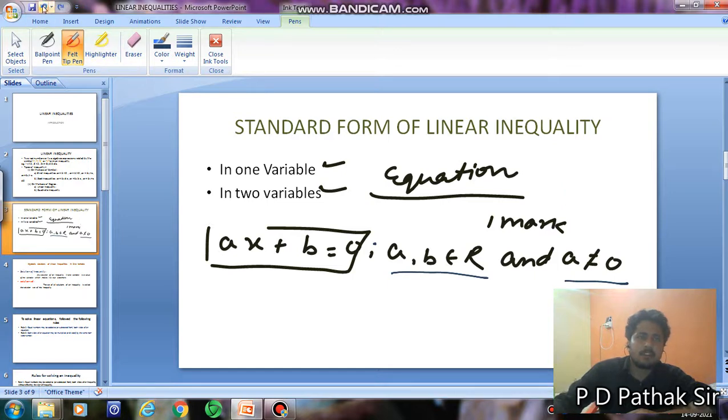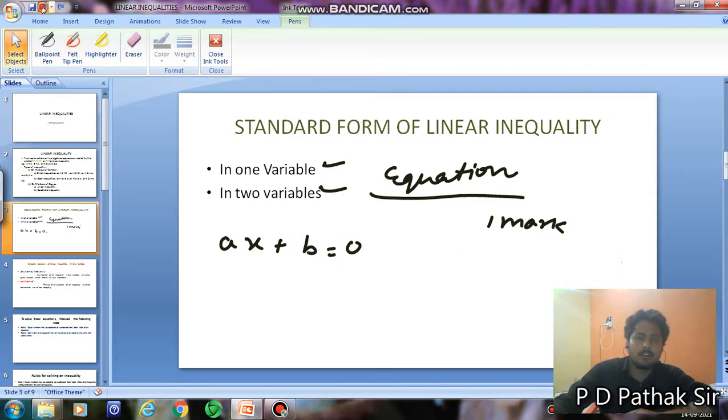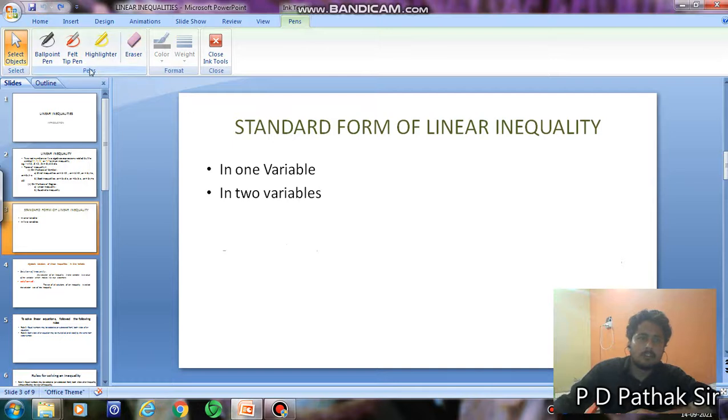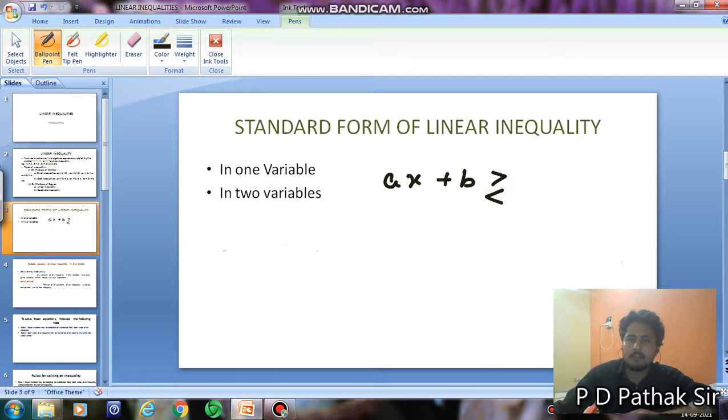Similarly, if you are writing the standard form of linear inequality, in linear inequality only replace the equal sign with an inequality sign. Inequality sign means either less than, greater than, less than equals to, or greater than equals to. Put any one sign from these.